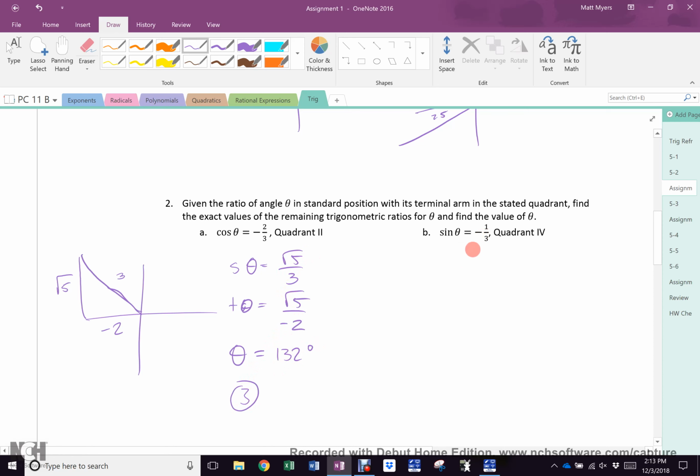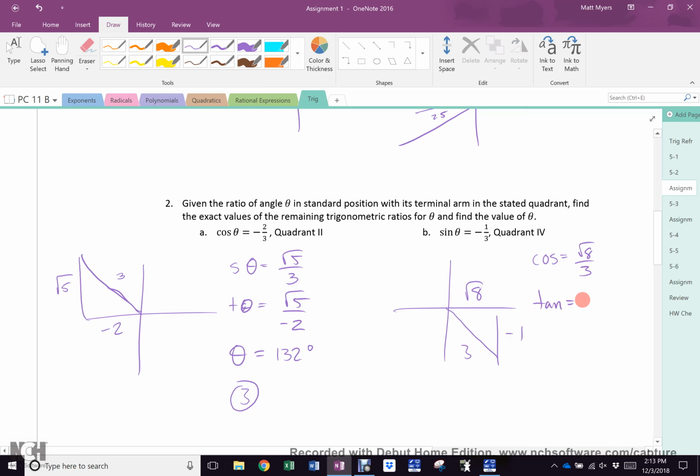This one is in quadrant 4, 3, negative 1. So this is, of course, root 2. No, I lie. Duh. Sorry. Root 8. Root 8. So we've got the sign. Cos equals root 8 over 3.